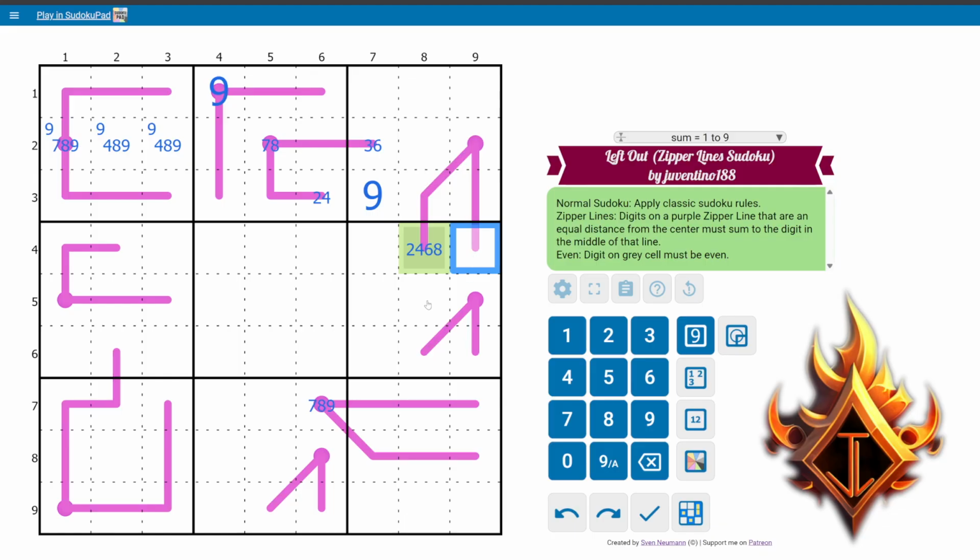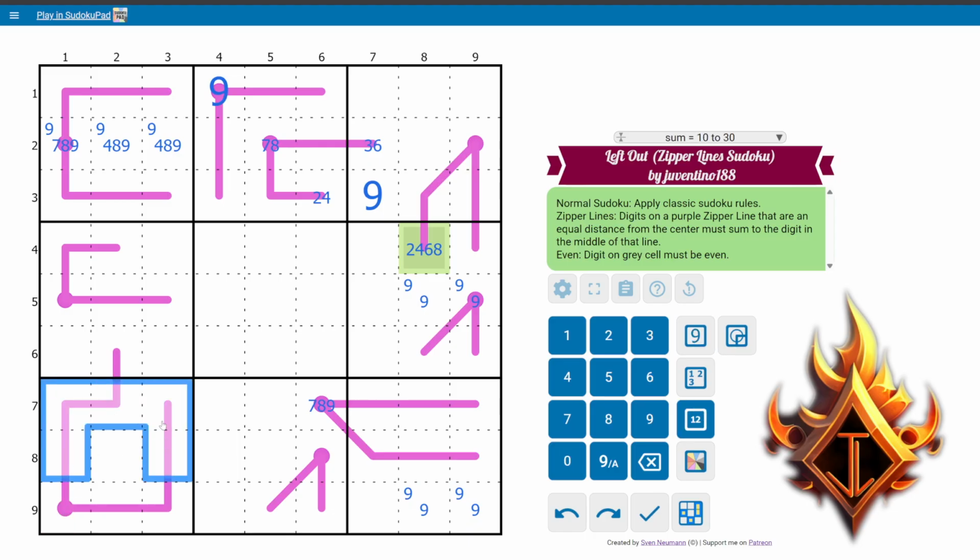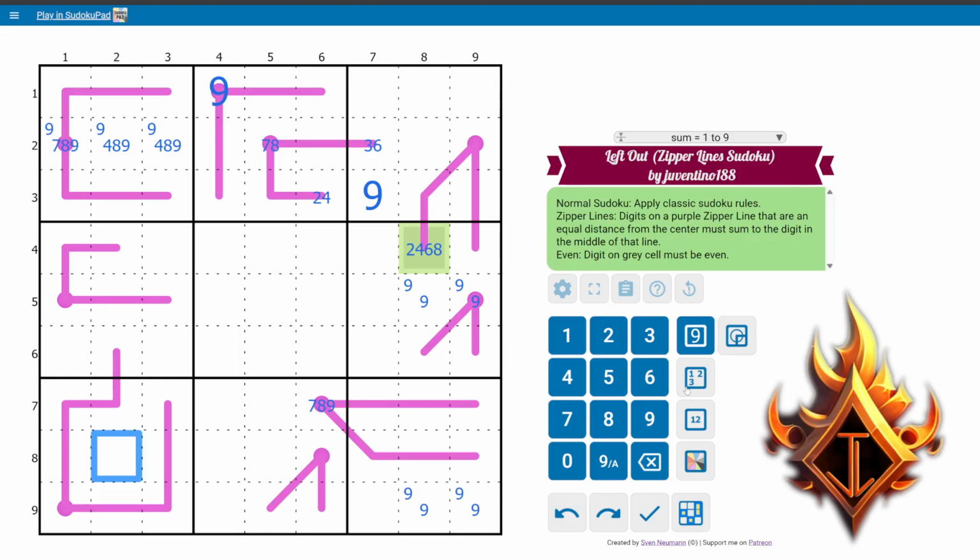A 9 goes in one of these, and one of these. A 9 cannot go on this dot now, and it cannot go on any of those. So that becomes 9. 9 will be in one of those.